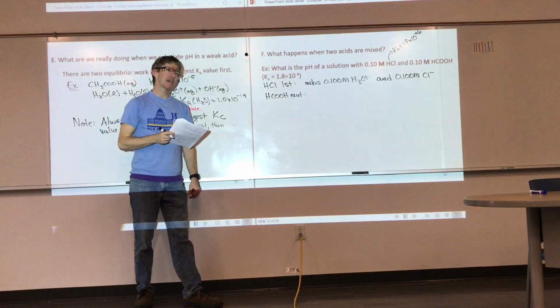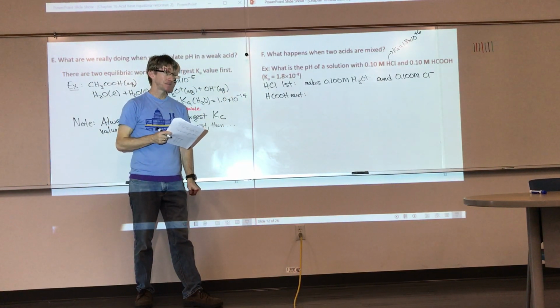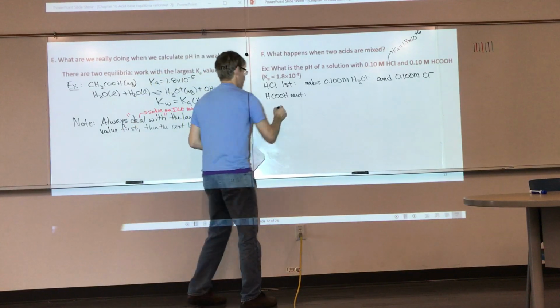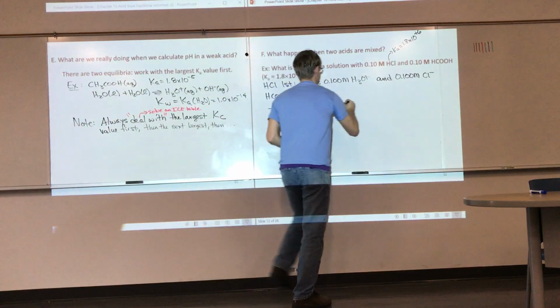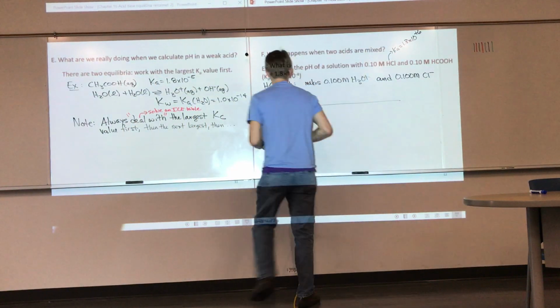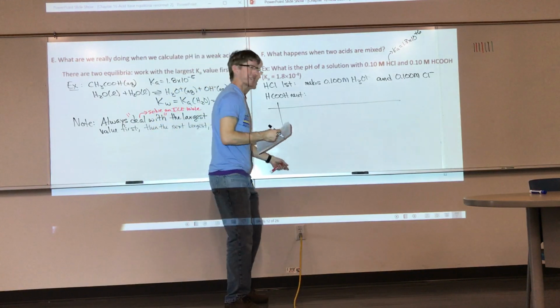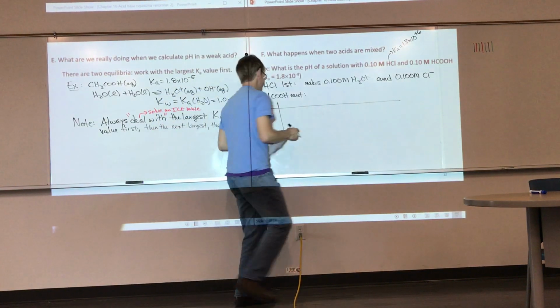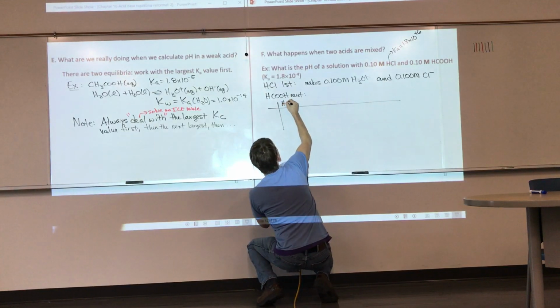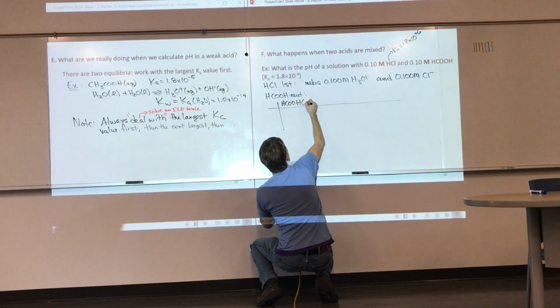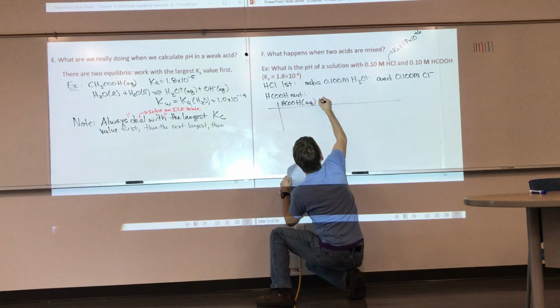Formic acid is a weak acid. We do need an ice table to figure out how much of that reacts. Oh yeah, it's going to get crowded down here. So I'll try and make my ice table a little smaller.